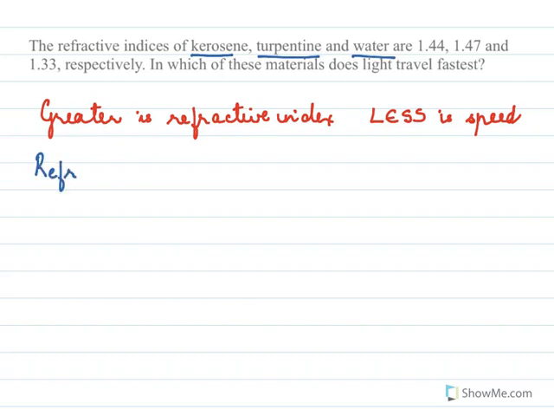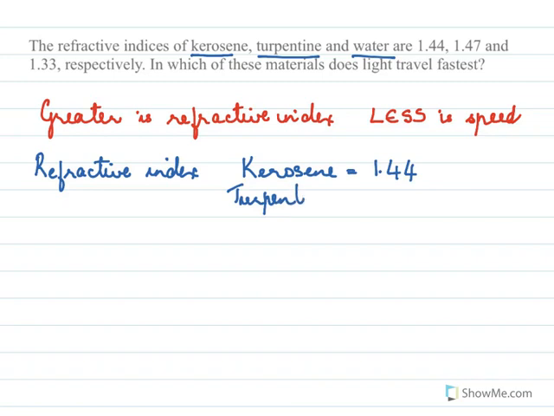Refractive index of kerosene equals 1.44, turpentine 1.47 and water 1.33.